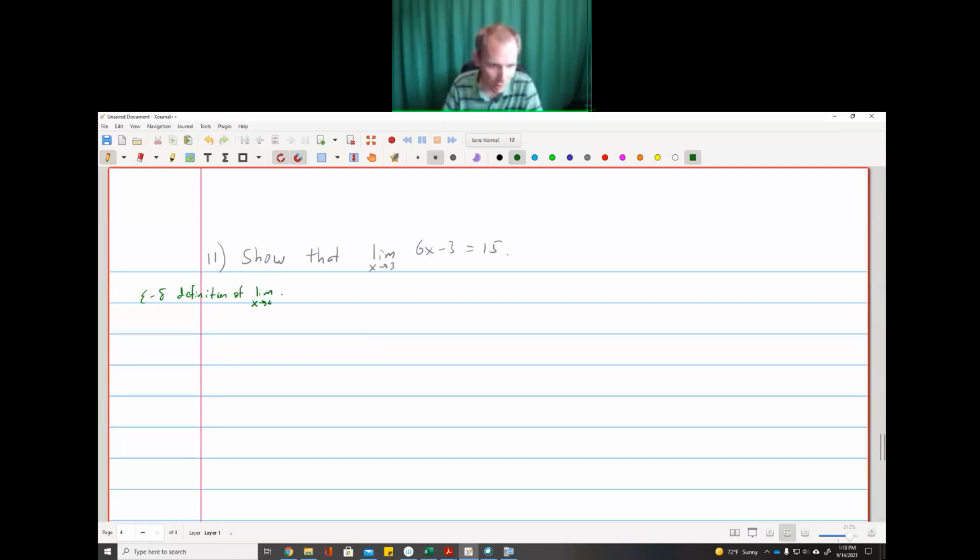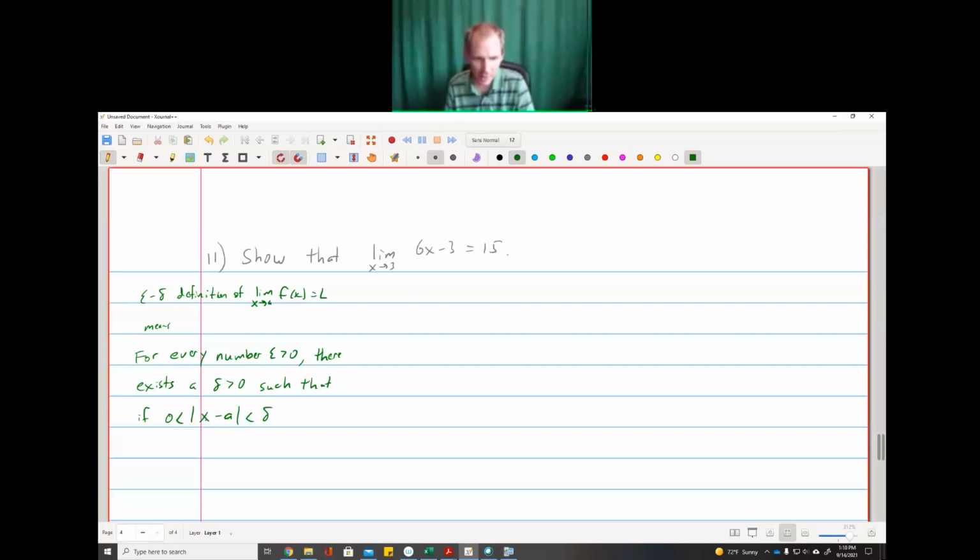The limit as x approaches a of f of x equals L means for every number epsilon greater than 0, there exists a number delta greater than 0 such that if 0 is less than |x minus a| is less than delta, or another way to look at that, if you look at the x values that are within a distance of delta from a, but not equal to a, then the absolute value of f of x minus L will be less than epsilon.